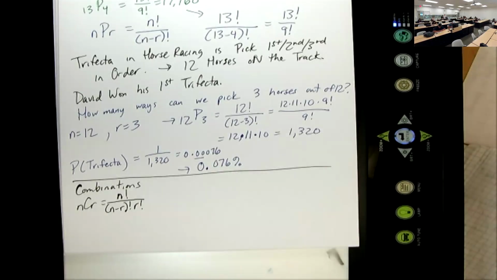So this is where order doesn't matter. If we just wanted the top 3 horses, or in the case where we were picking 4 people at random and the order didn't matter, like you were all winning a prize and you didn't care if you were the first person selected or the last, as long as you got the prize, we use that. And of course, it's a key on the calculator.